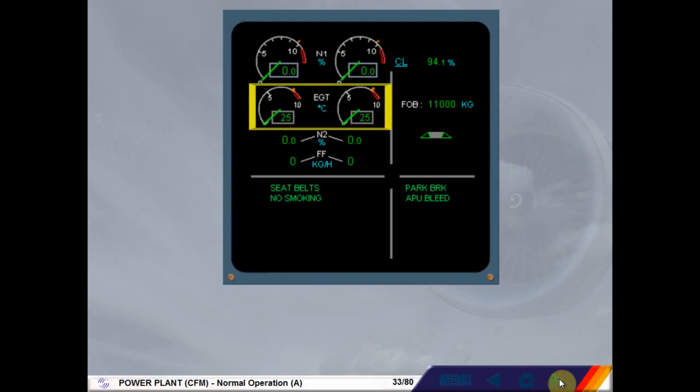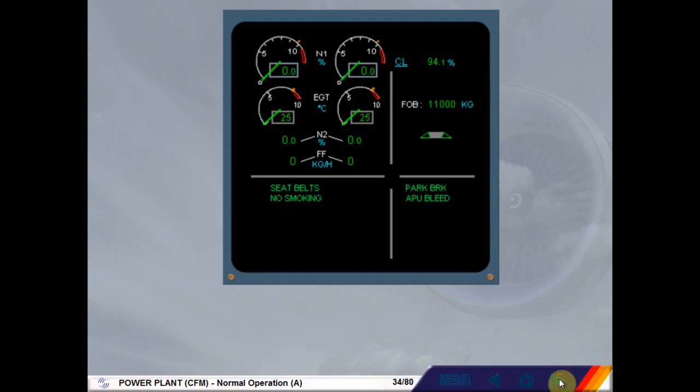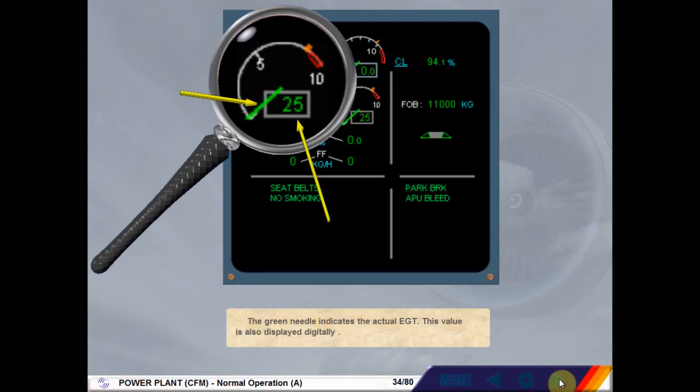The next set of indicators display the exhaust gas temperature, EGT, of each engine. The green needle indicates the actual EGT. This value is also displayed digitally.